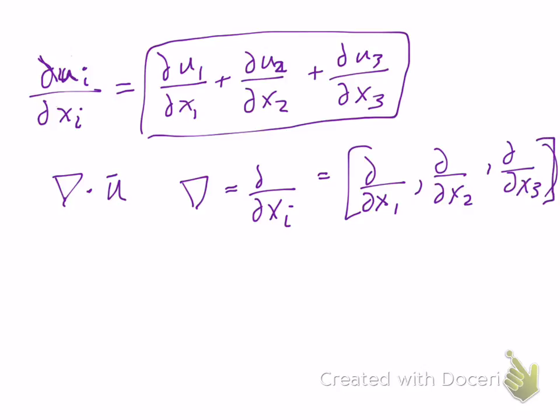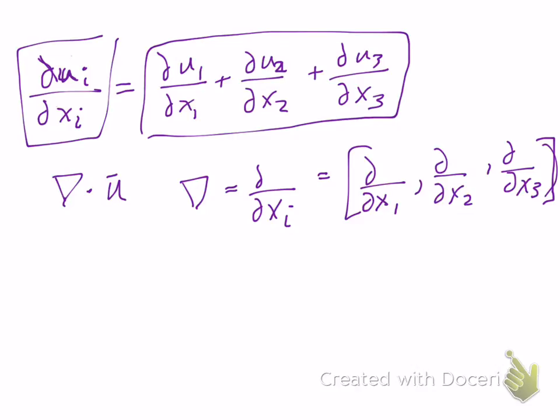So we don't even have to use that nabla symbol anymore, because we can write the same thing with just our indices. How does that look, writing it with just the indices? Like this. So this is the divergence.